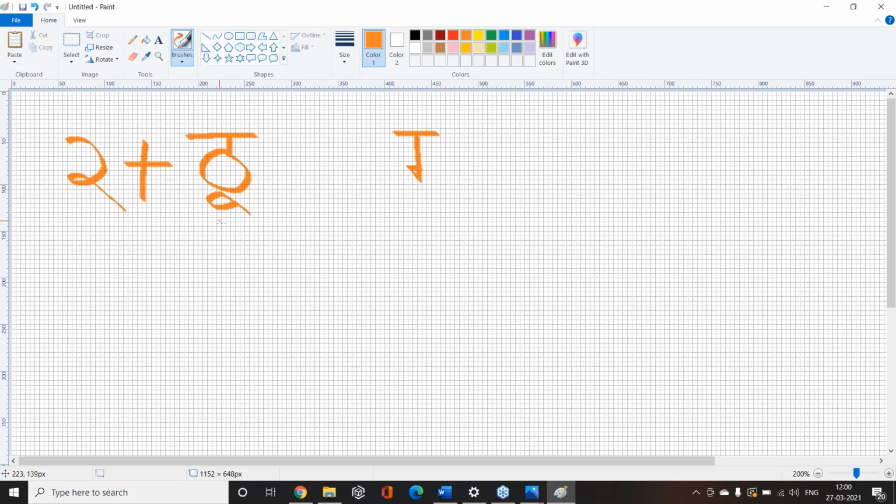Okay. Again, this is a hypothetical combination. So one way of writing th is this. This is with matra u, and the other combination of writing this is like this.